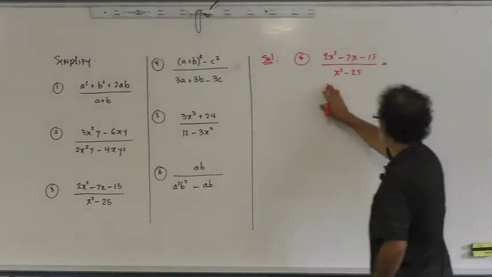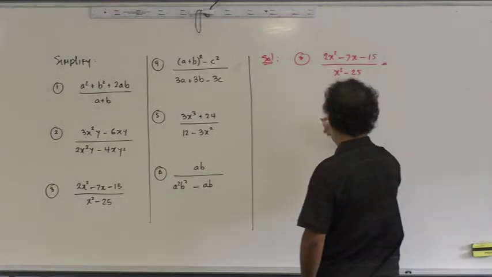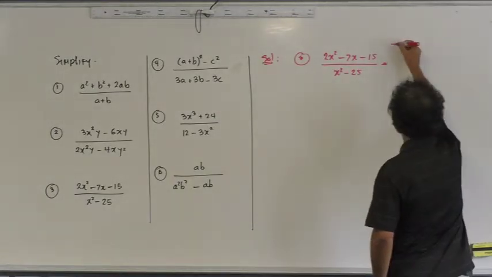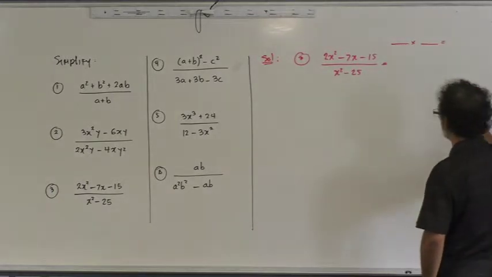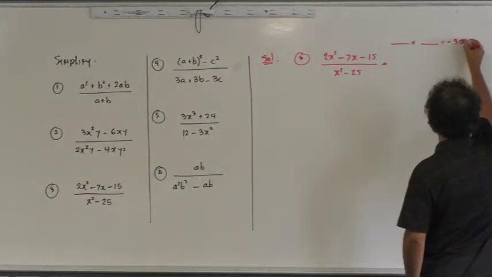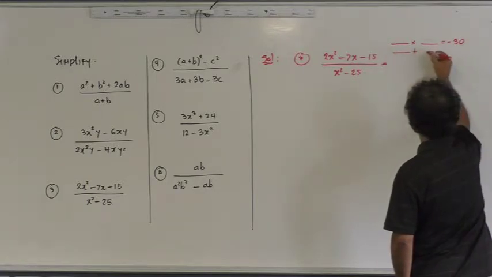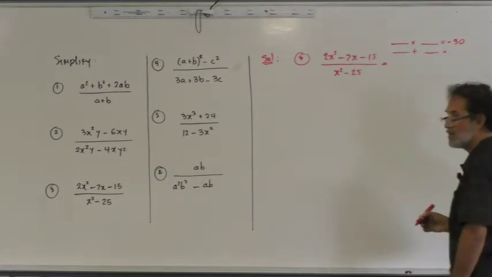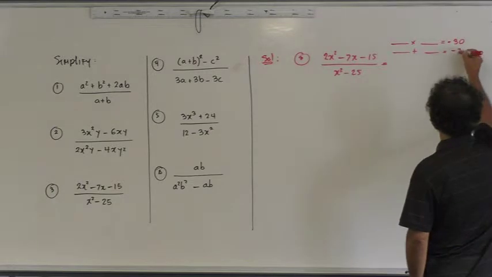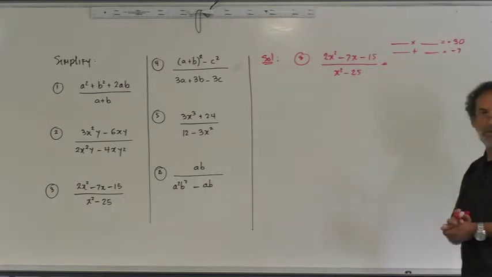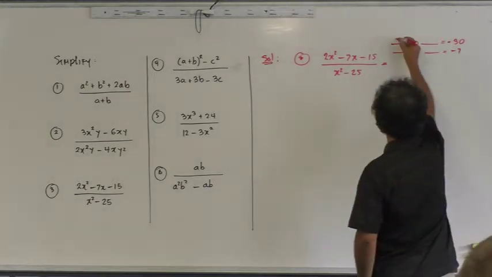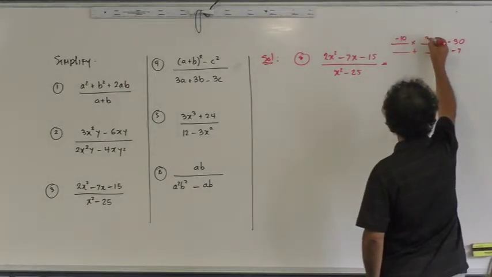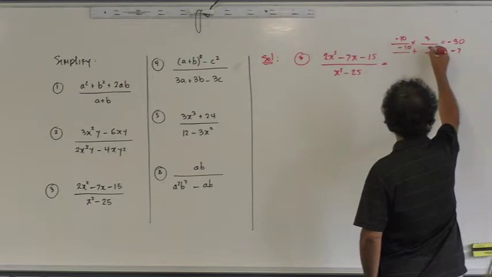For the top line, we need to find two numbers that when you multiply them together equal negative 30, but when you add them together, the answer has to be negative 7. Please find negative 10 and positive 3.